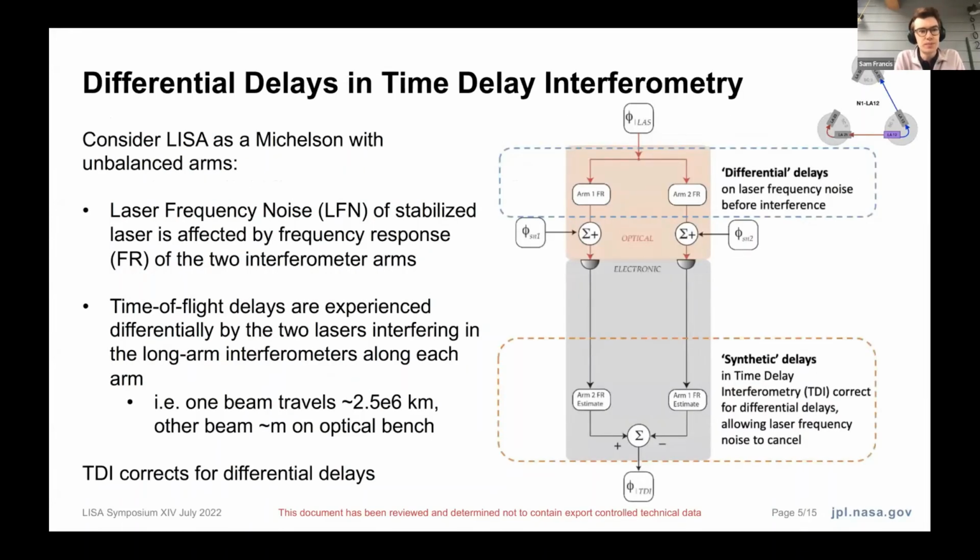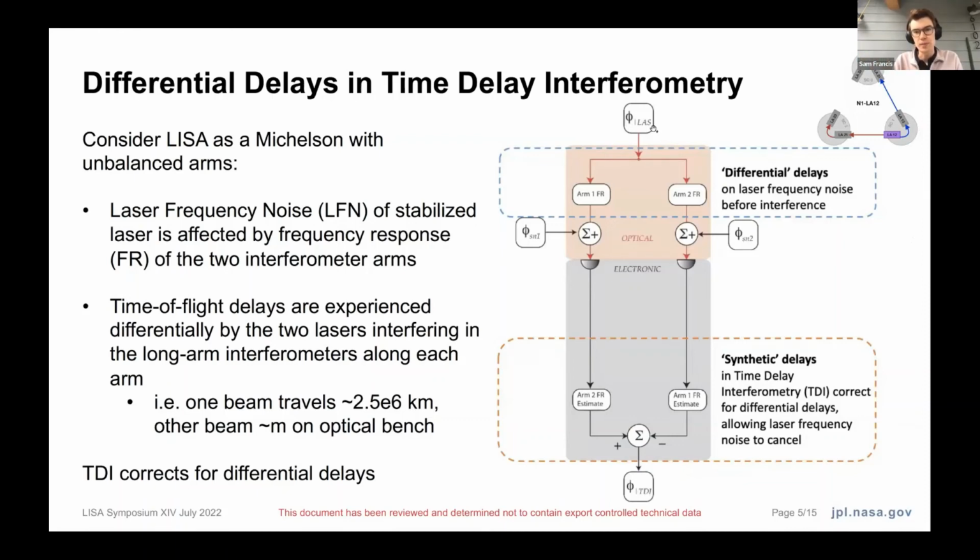Okay, so now to look at how these common mode delays would interact with TDI, I've got another little cartoon of how TDI is working. Just in the top right of most of these slides, I've got a reminder of the locking configuration we're talking about for these particular analyses. In this cartoon, we're starting again with this phi laser, the laser frequency noise of our stabilized laser.